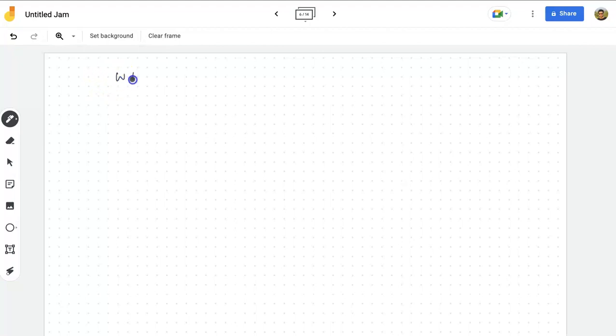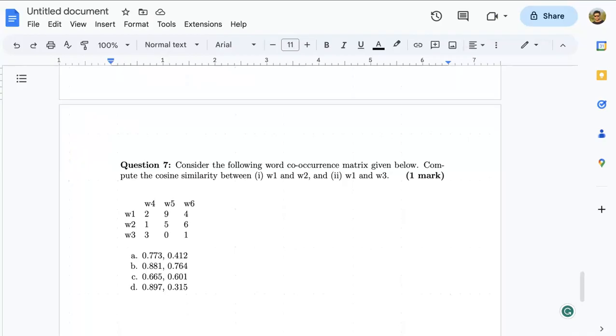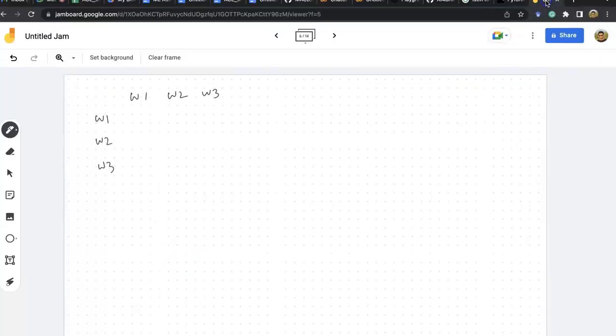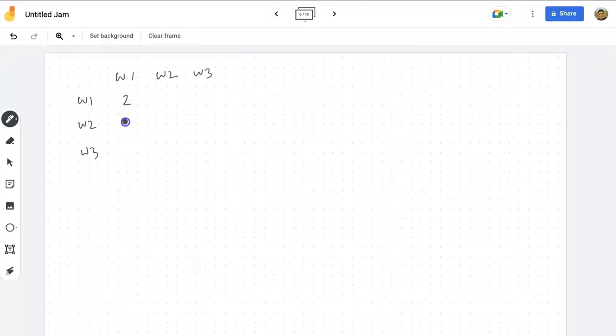What is the matrix? W1, W2, W3, W1, W2, W3: 2 1 3 9 5 0 4 6 1. Basically just ignore this one. These you can consider as dimension 1, dimension 2 or something like that.